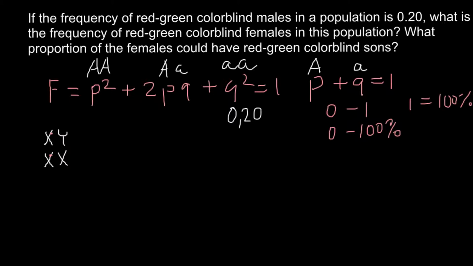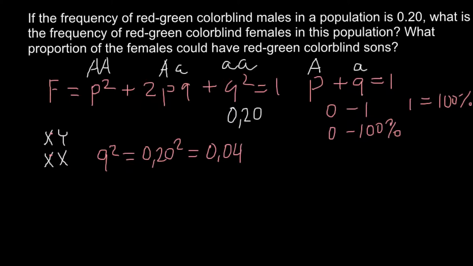So Q squared in females would equal 0.20 squared, and the answer would be 0.04, and this is the frequency of the homozygous recessive females in this particular group.